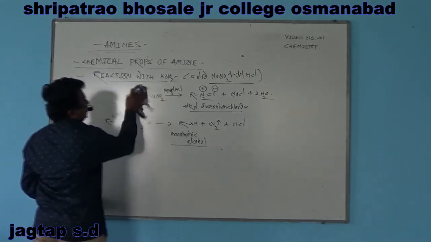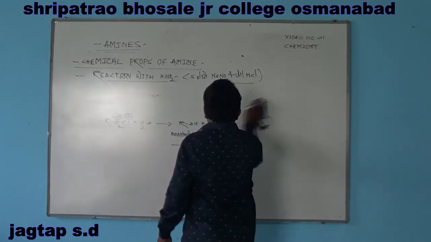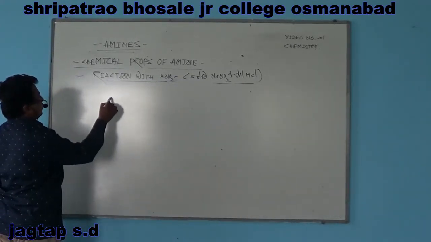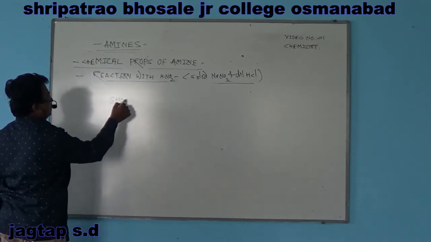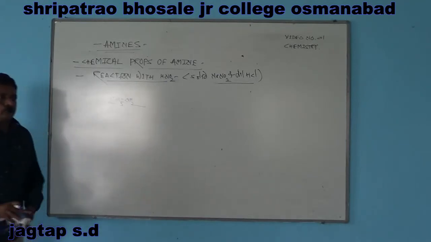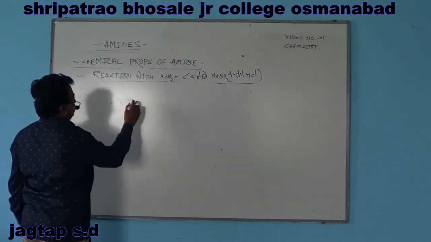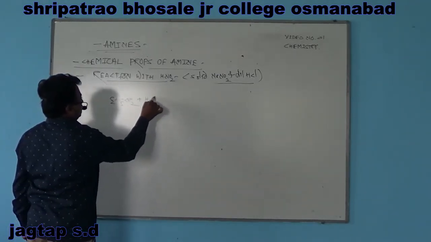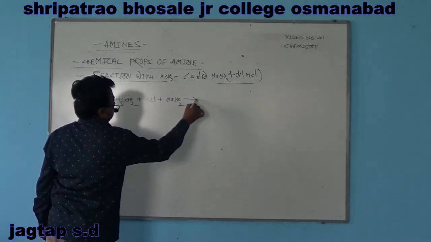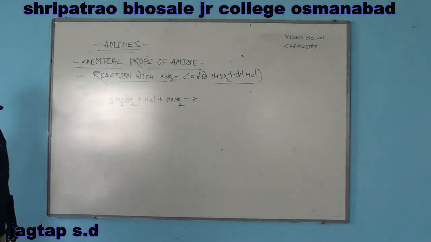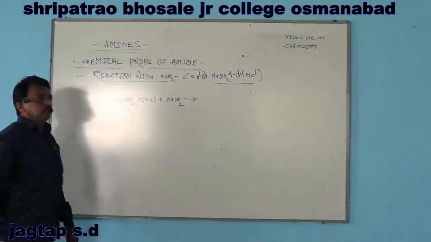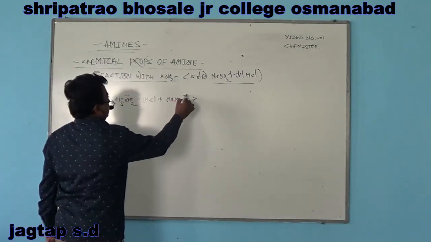The next reaction, ethylamine, C2H5NH2. It is also a primary amine. It contains only one alkyl group on the nitrogen atom. Ethylamine in HCl reacts with nitrous acid, but for balancing the chemical reaction, two molecules of hydrochloric acid are required here.